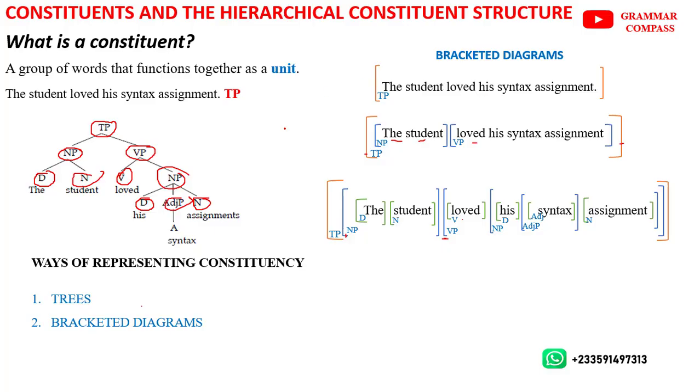Therefore, in phrase structure grammar, the major way of showing constituency is by using trees. We are going to use trees to represent constituencies, but first we will have to learn the rules for all constituencies. See you in the next lesson.